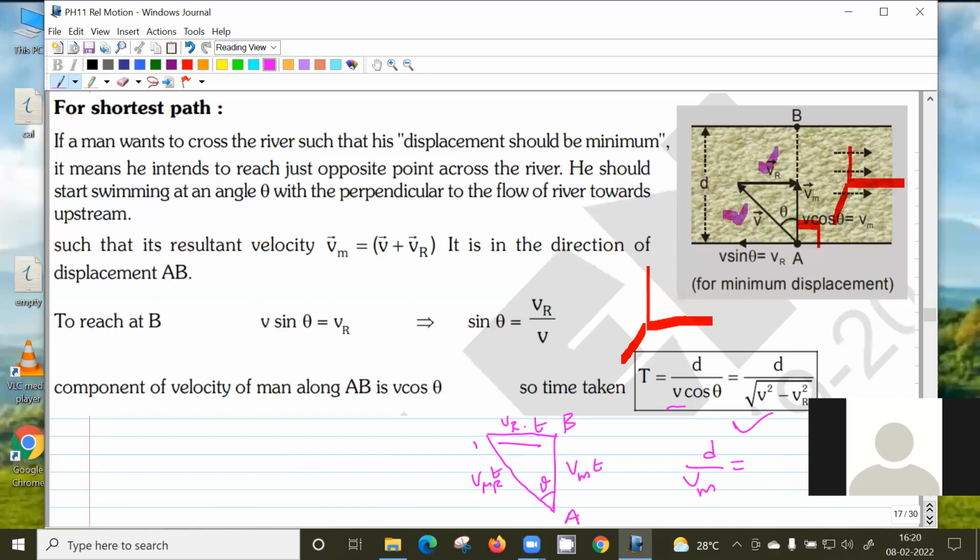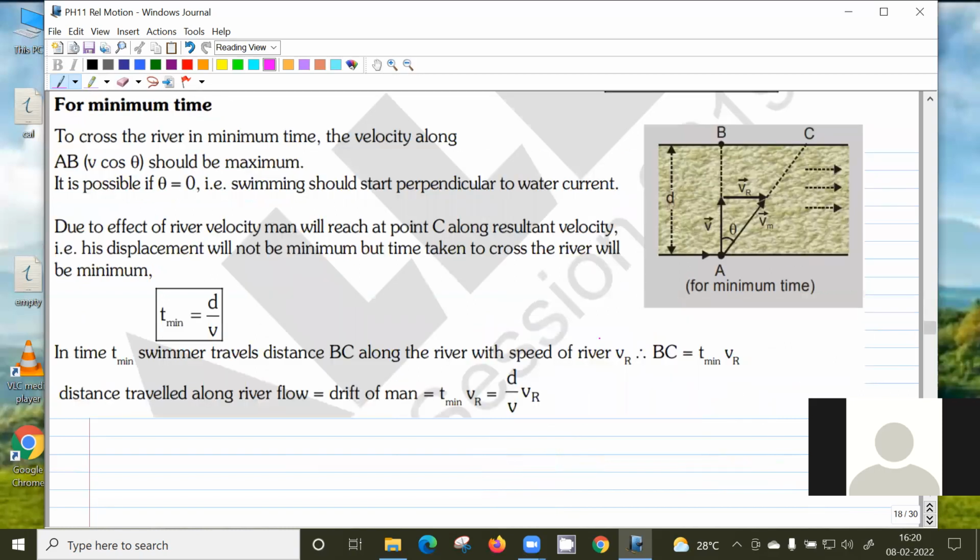The important thing is that the shortest path is measured from the frame attached to the bank. But for getting the minimum time, it's easier to measure with respect to the river, because time is going to be the same in both frames. The clock is not going to change whether the frame is moving or attached to the ground.